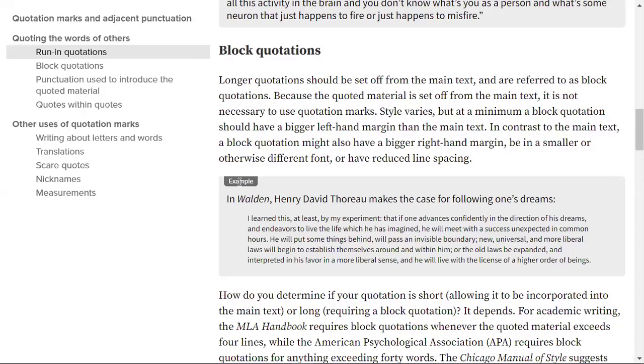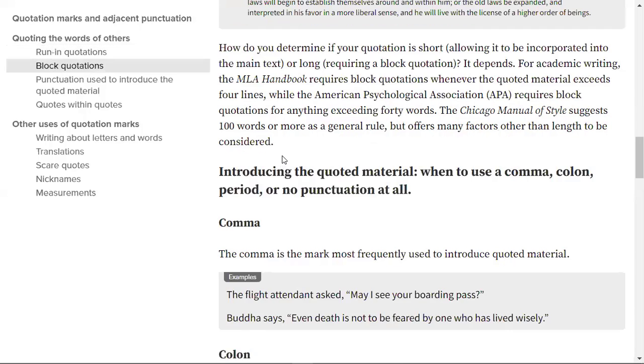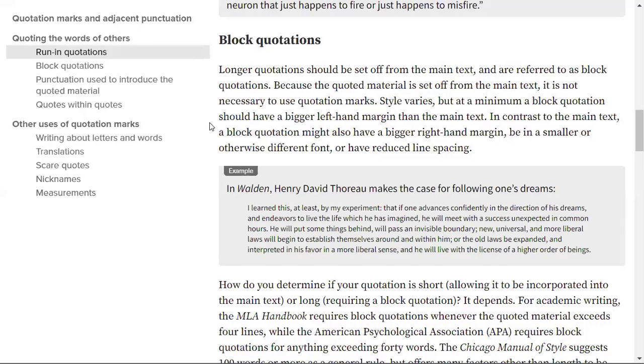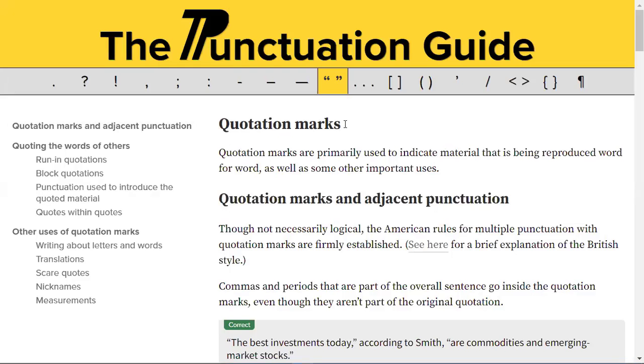Okay, so everybody, let me tell you that you have to type in Google "the punctuation guide", right? The exact words, the punctuation guide, and then you would come to this website. I would put the link of this in your GCR.